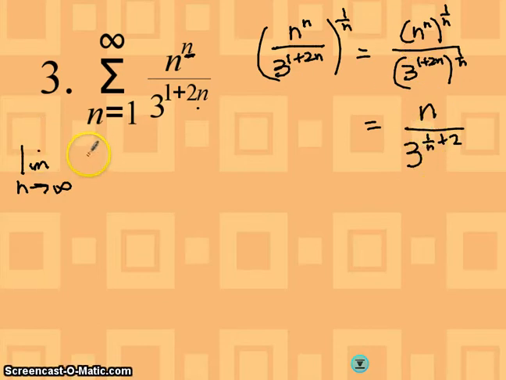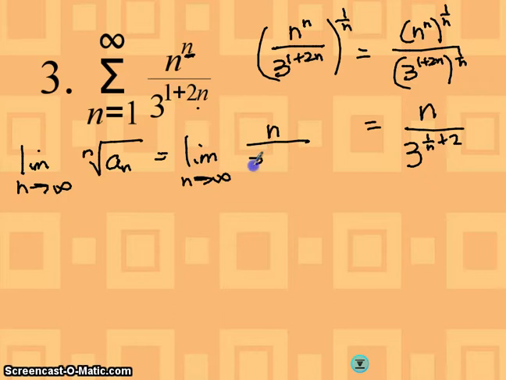So really, what I'm doing when I take the nth root of a sub n is taking the limit as n approaches infinity of n over 3 to the 1 over n plus 2. Let's evaluate that limit. I'm going to get something that is infinity over, well, this is going to go to 0. If you rewrite this, it's 3 to this times 3 squared, so I'm going to have 3 squared in the denominator.